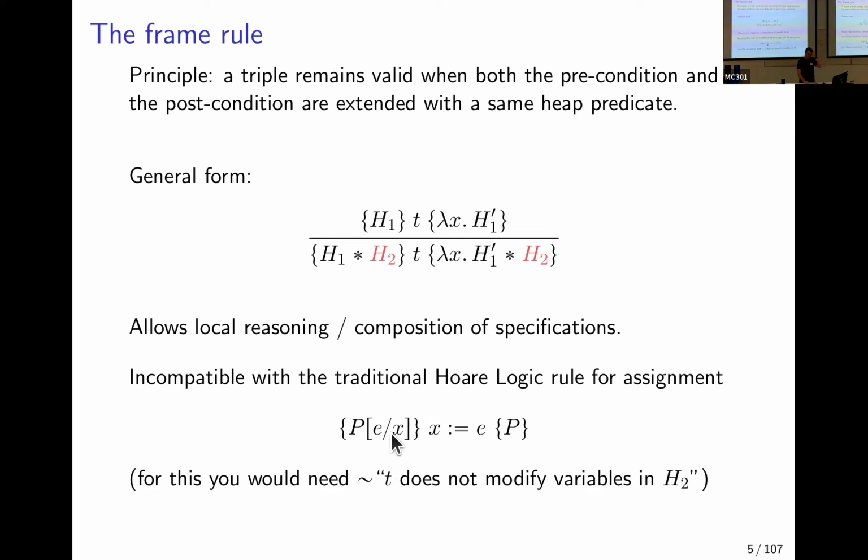Because this X is both a logical variable and a program variable, every time you need to extend your precondition with something that you want in the postcondition, you have to say something like T does not modify any variable that is next to it. So it is typically awkward to have this.